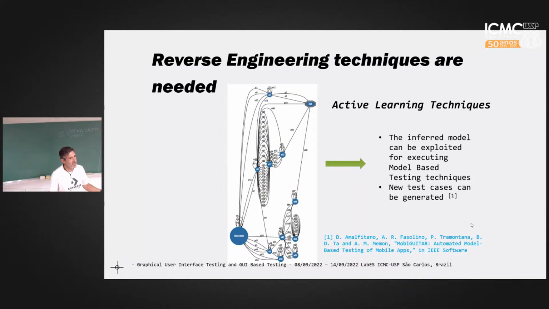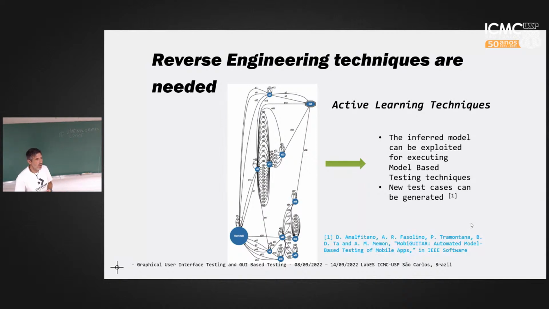So after a testing session, you have the results of the test that are automatically obtained by exploring the application, and at the same time, you have a finite state machine of the application under test. And you can have a finite state machine or an event flow graph. So at this point, let's think about one possibility.